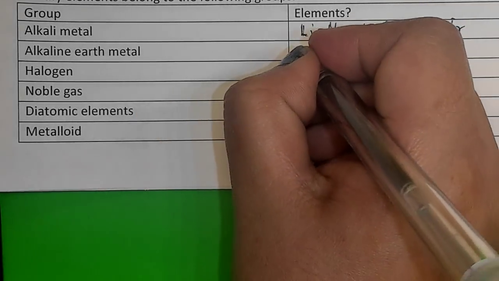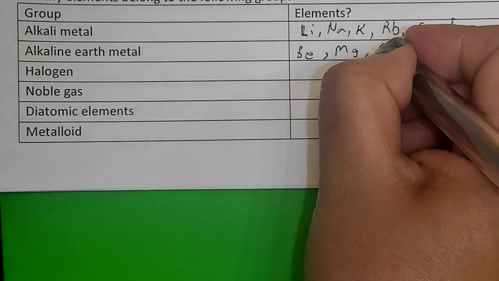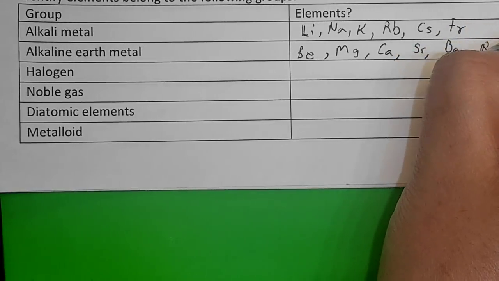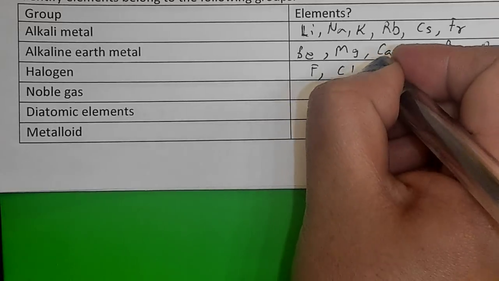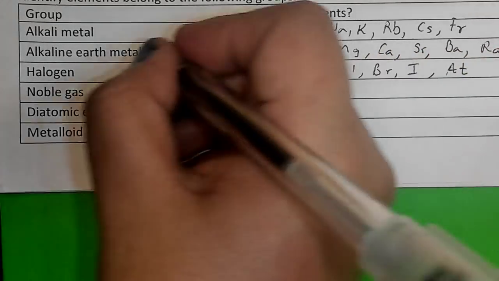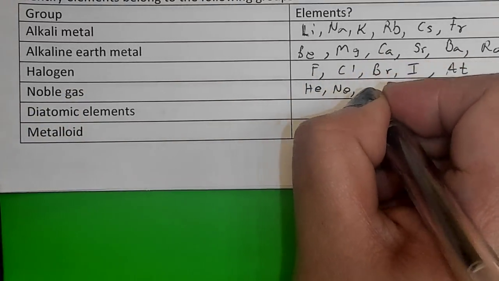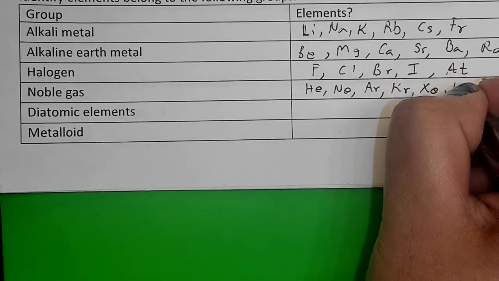Alkaline earth metal, Be, Mg, Ca, Sr, Ba, and Ra. Halogen, F, Cl, Br, I, At. Noble gases, helium, neon, argon, krypton, xenon, and radon.